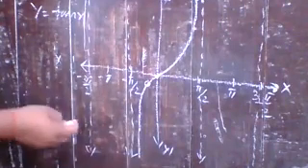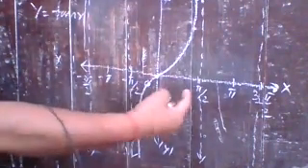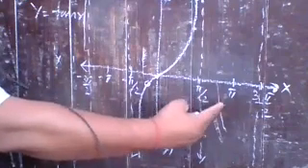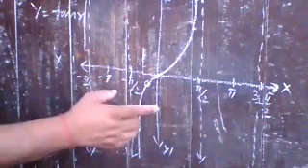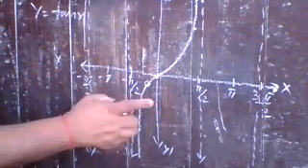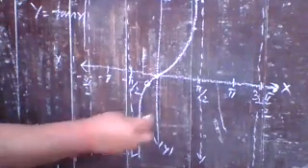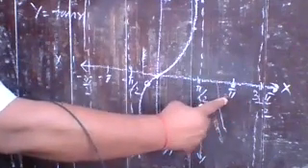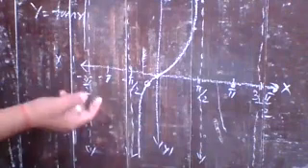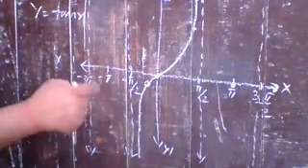In the same way, if you move beyond, in pi by 2 to pi, that is your second quadrant, and in the second quadrant tan is negative. And if you put x is equal to pi, the value of tan pi is equal to 0.